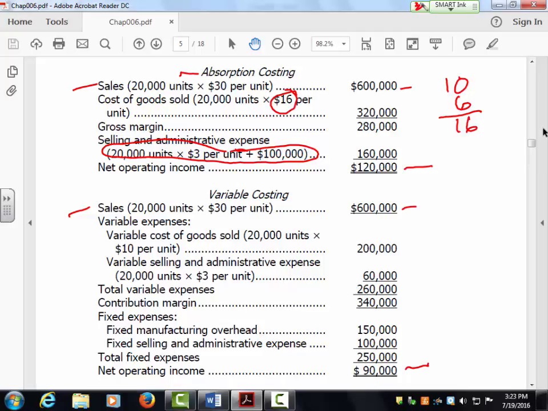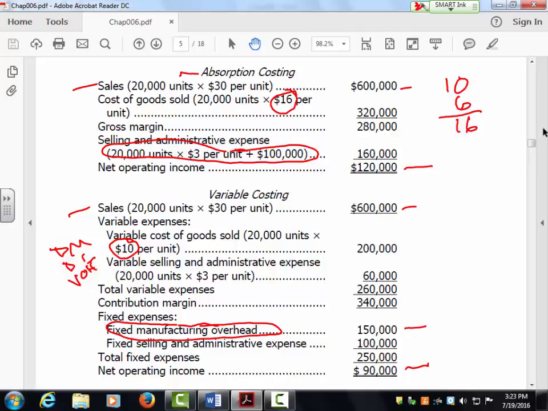How this is different with this method is the variable cost of goods sold now is at $10. So just the direct material, the direct labor, and the variable overhead. The fixed overhead under this method goes directly to the income statement in the current period.